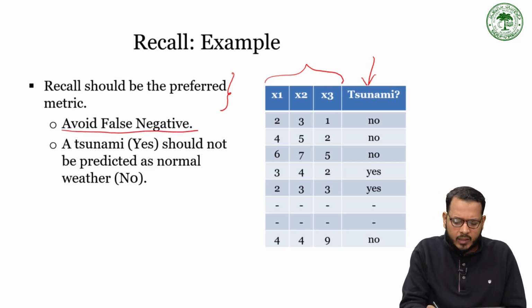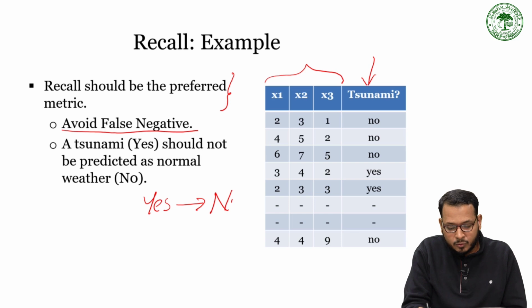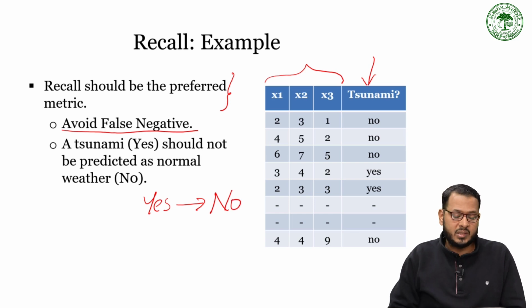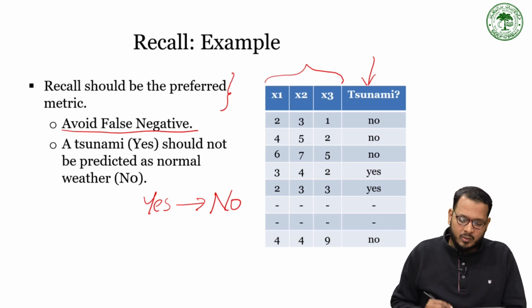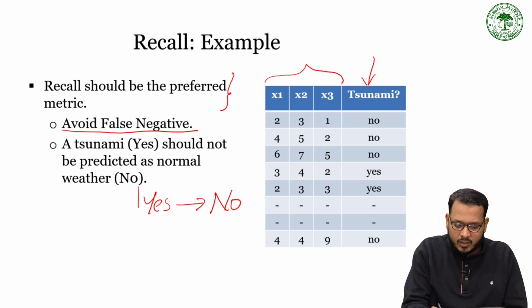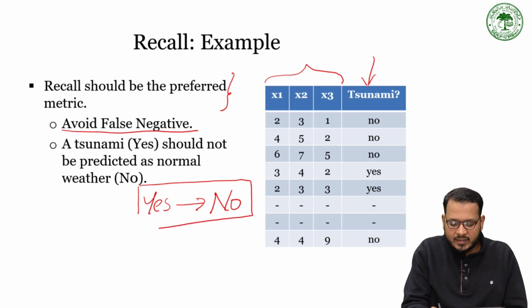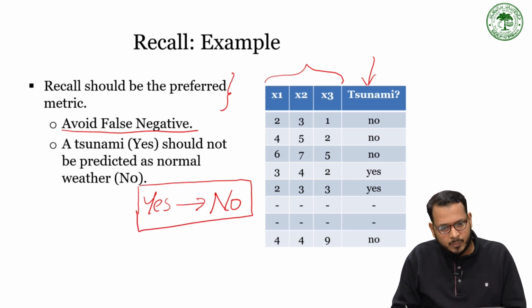False negative here represents cases where yes is predicted as no. So, a tsunami, which is a yes case, should not be predicted as normal weather, which is no. If the recall value is high, it means we have fewer cases like this, which ultimately means our model will not predict a tsunami case as a normal case, and this is what we want.